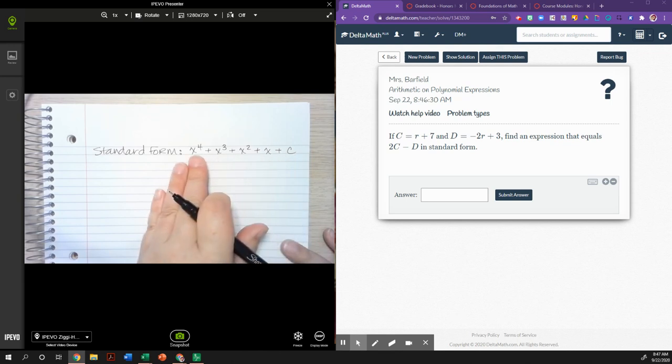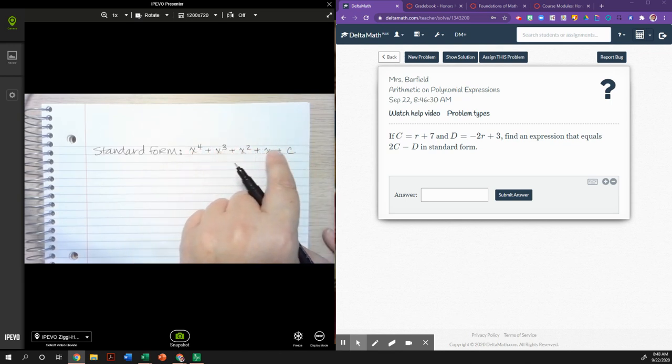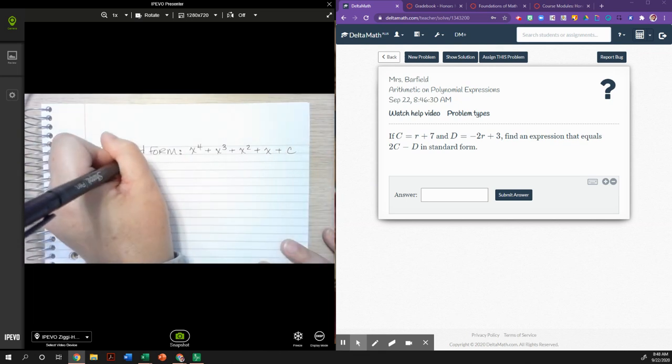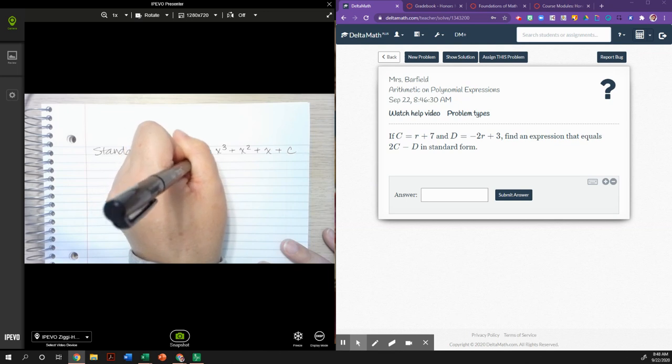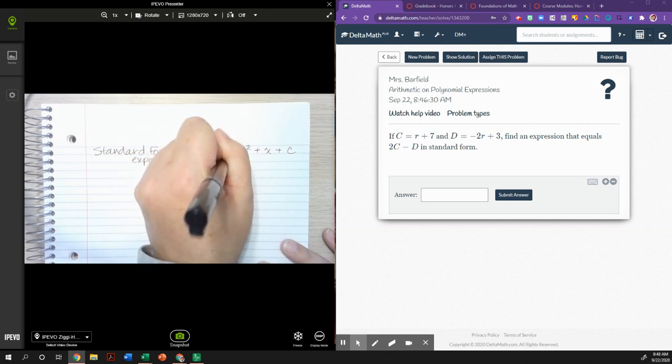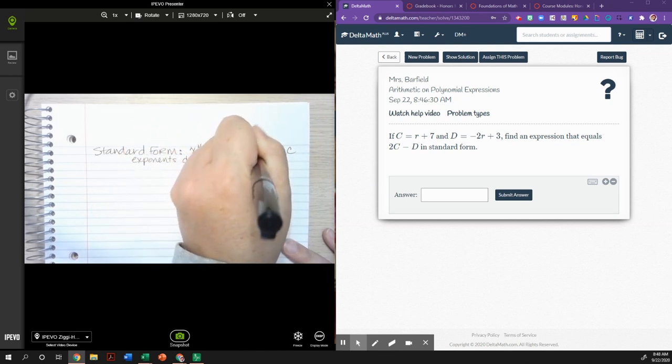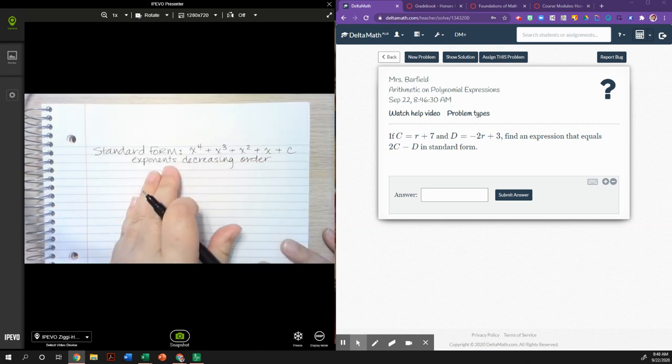Okay, and if any of those terms are missing, you would just skip them. But you'd want to see your exponents in decreasing order. Okay, so that's what they mean by standard form when you go to write the answer to this problem.